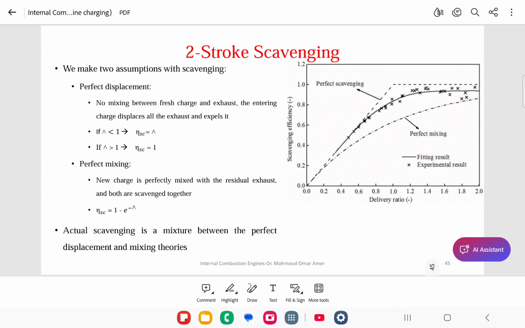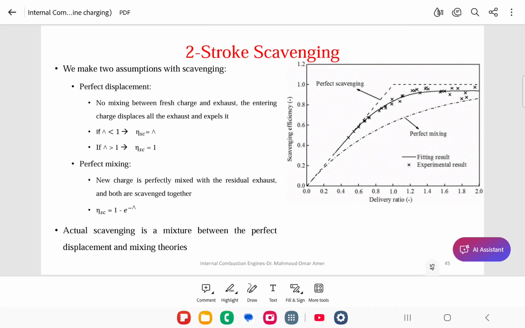So all the retained mass inside the cylinder is pressure charge. So the scavenging efficiency is what? 1. So if the delivery ratio is more than 1, then the scavenging efficiency equals 1. There is no residual exhaust inside the cylinder.